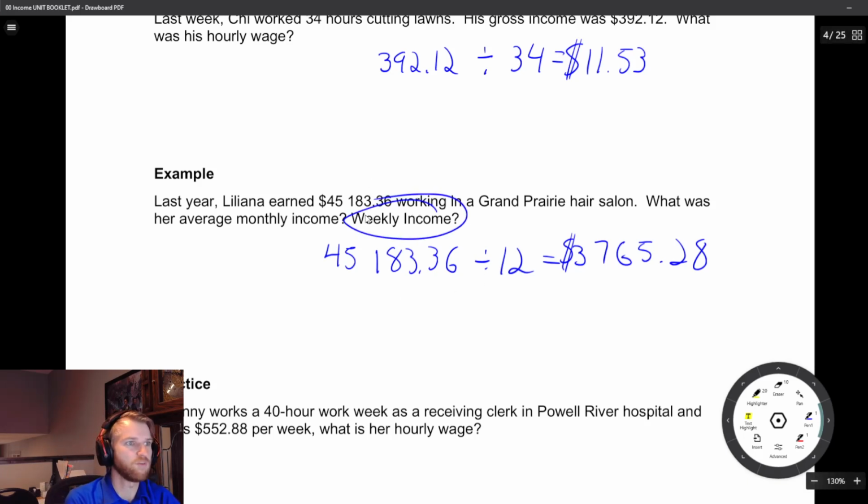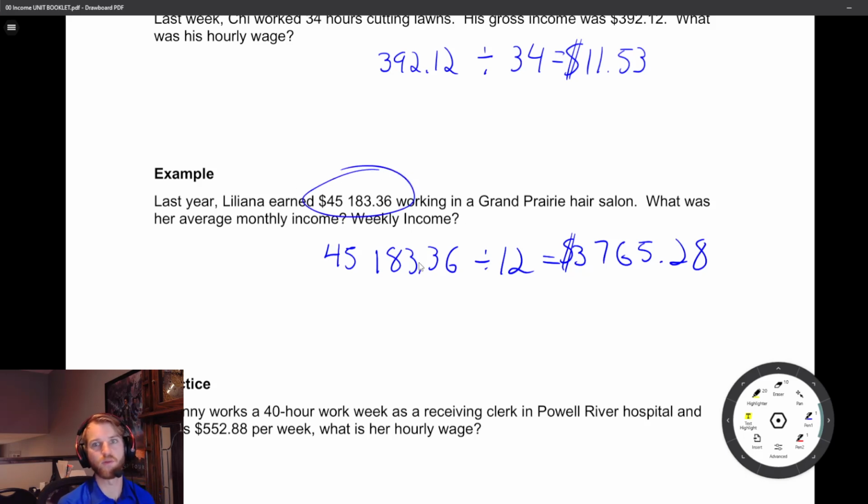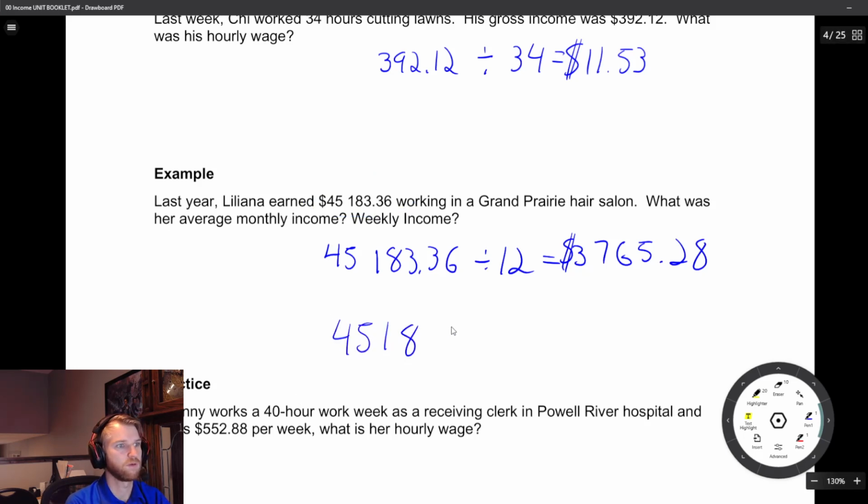It says, how much did she make every week then? So the easiest way I think to do this would be to say, if this is how much she made in a year, divide that same number that we started with by the number of weeks in a year.